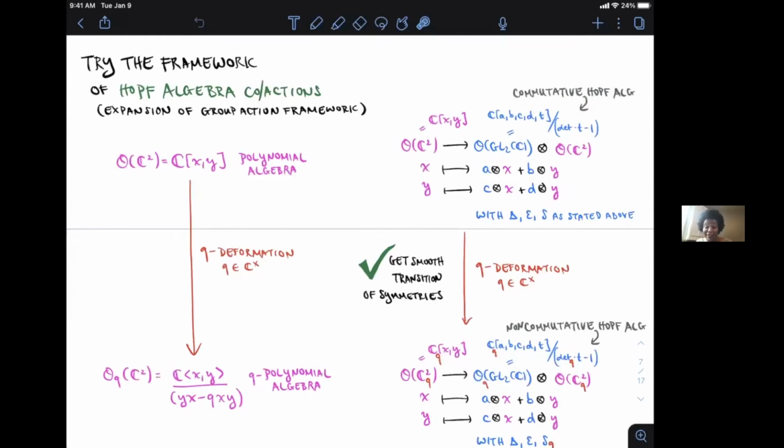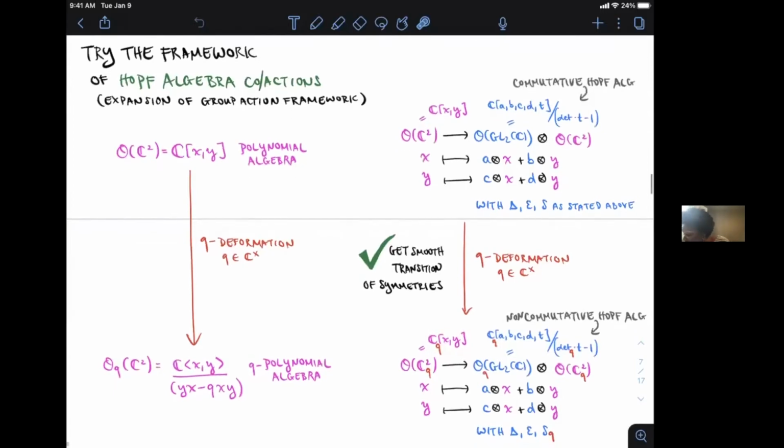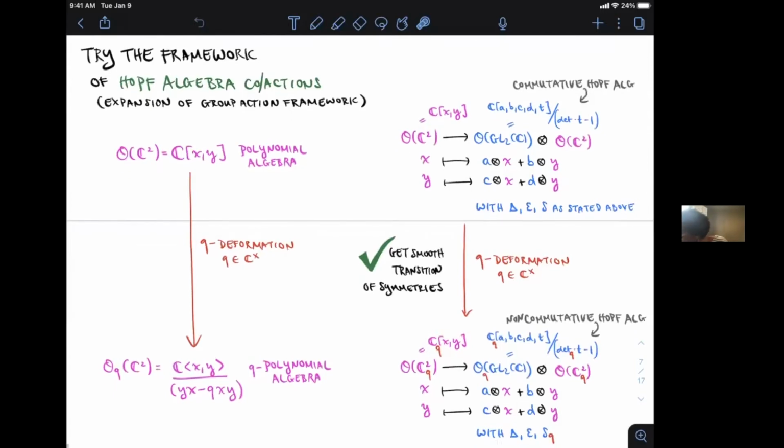Now what's nice is that there's a very precise procedure to stick in Q's so that I get a nice coaction on this non-commutative algebra with a Q version of this coordinate algebra over here. And I can use the same rules for the coaction. Most of the structure stays the same, except I have to deform the antipode.